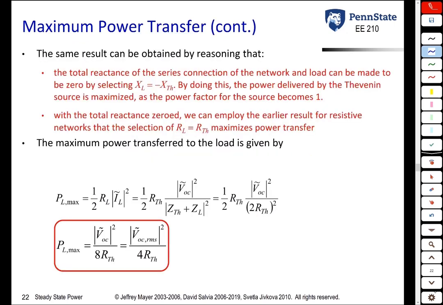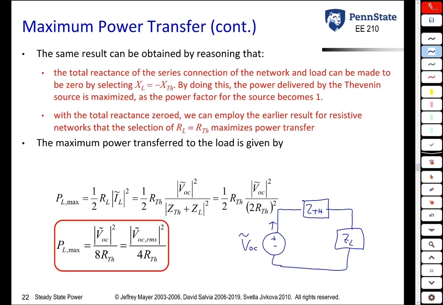We can actually come up with that answer thinking logically as well. If you think about the situation here, where you have your Thevenin voltage phasor and the Thevenin impedance and a load impedance, ZL, you're going to have a current leaving the source, call it IS phasor.